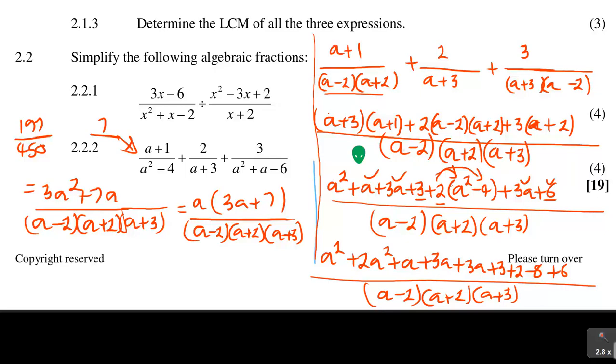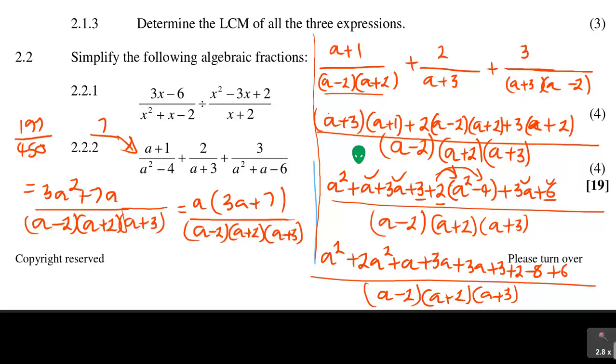So my common denominator is a minus 2, a plus 2, and a plus 3, which was correct. So in the first one I've got a plus 3 multiplying that, and it is that, and this was correct in the first one. In the second one, a plus 3, so it's 2 multiplying that, which is also correct, which was that, and then plus 3 multiplying that.